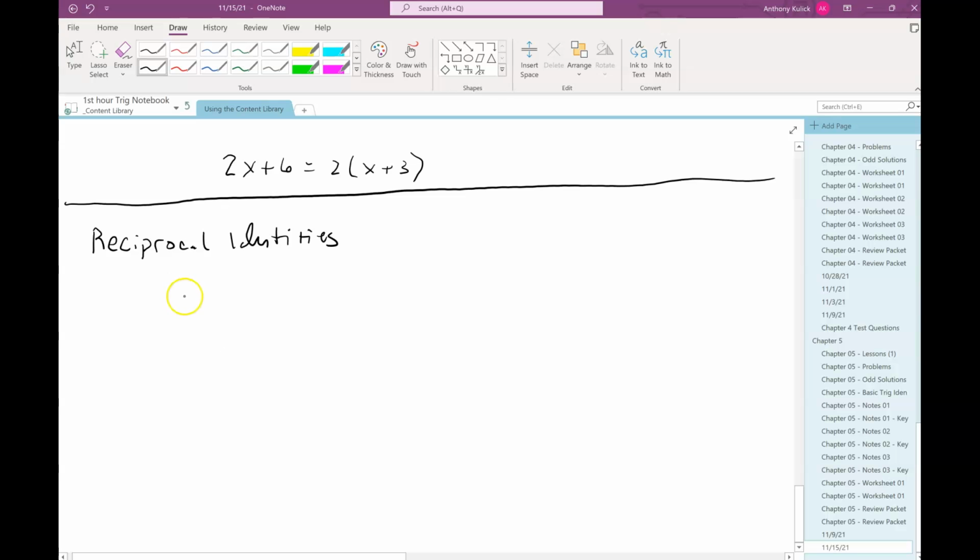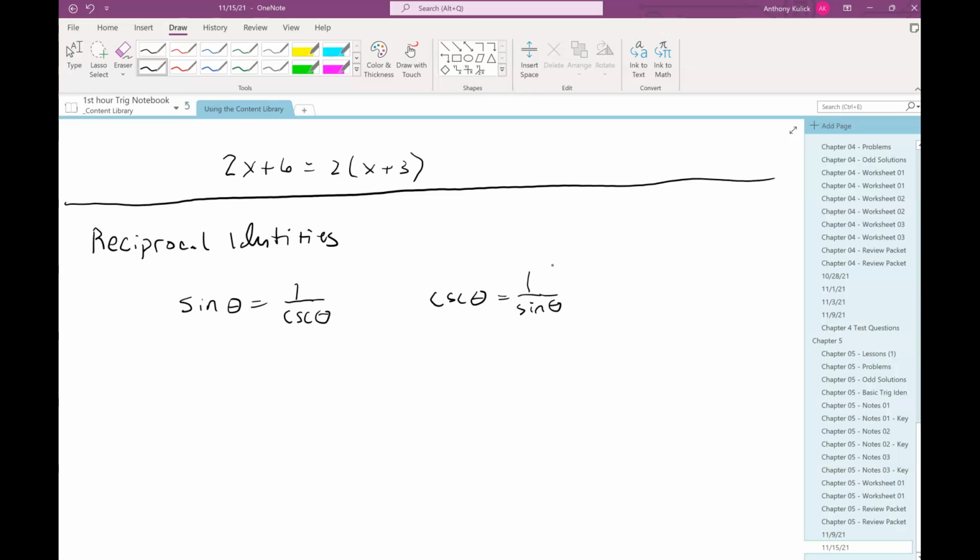So we know that sine and cosecant are reciprocals, right? So I can say that sine theta is equal to 1 over cosecant theta. Or I could say that cosecant theta is 1 over sine theta. We okay with that?